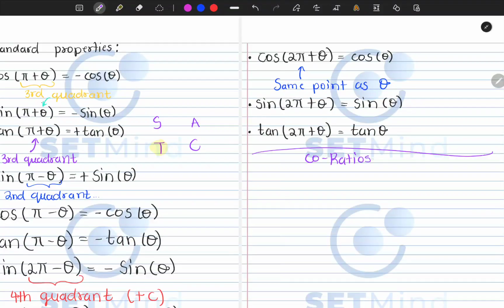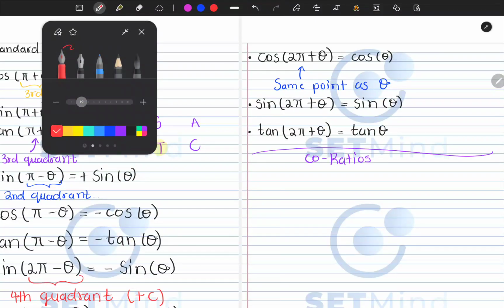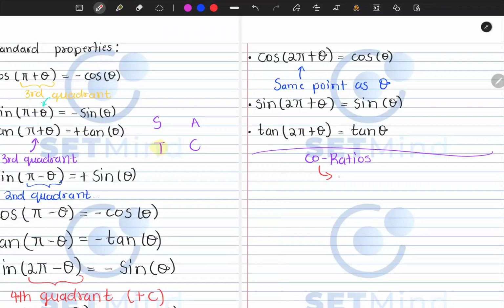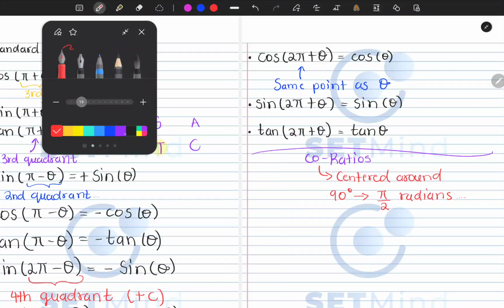So co-ratios are centered around 90 degrees, or in radians, that would be pi over 2 radians. So what is going on there?